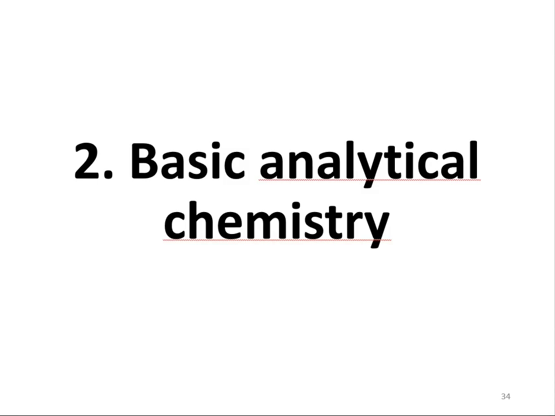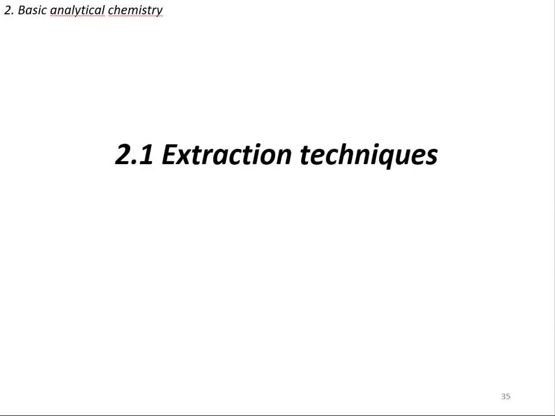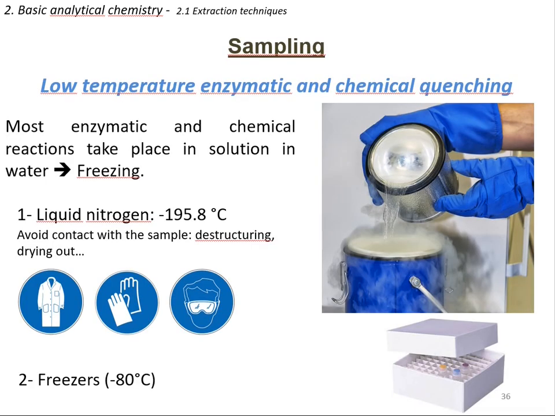Now it's time for the second chapter, basic analytical chemistry. First, let's talk about extraction techniques, which are very upstream in the workflow of metabolomic studies. The first step is to sample, take samples of the plants.